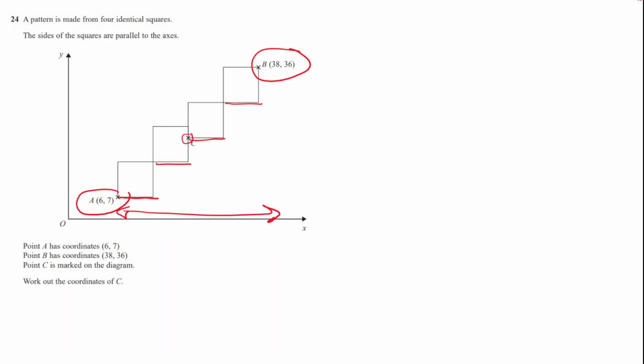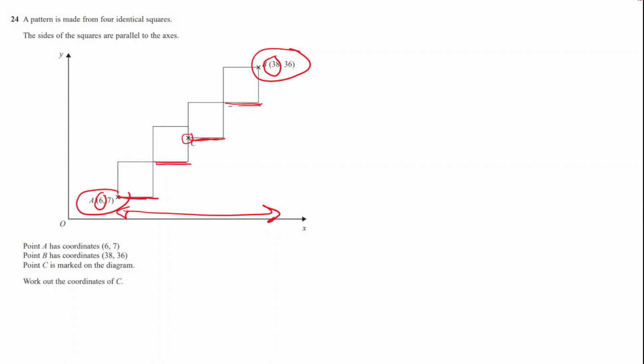In other words, if we took the difference between 38, the x coordinate of B, and the x coordinate of A, which is 6, we can see the difference between the two is shared equally between 1, 2, 3, 4 sides of each square.